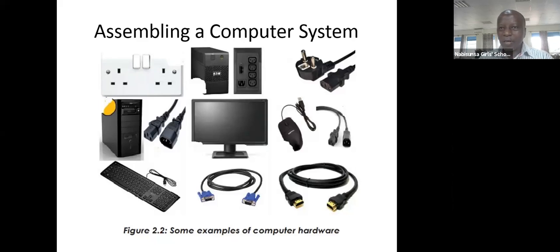So now, I want you to look at this picture here, figure 2.2, and please try to name an item. You mention the side where the item you're going to name is, and then give us the name, okay? So someone, Shifa, mention some. A mouse.